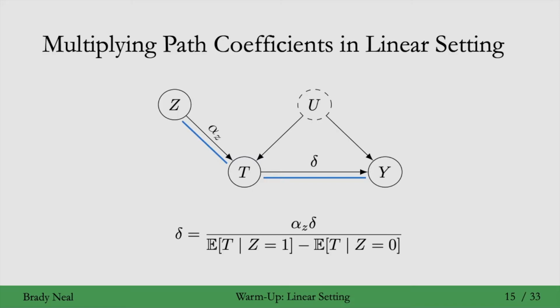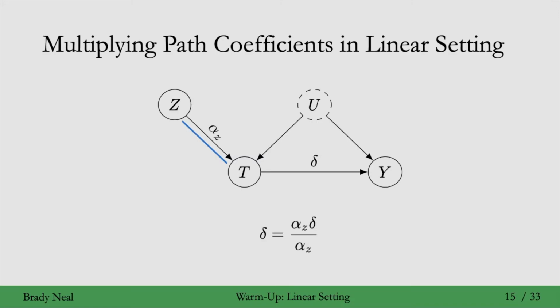And then similarly, the denominator is the causal effect of z on t. So we do that by just looking at the edge from z to t. Because this path consists of just one edge, this causal effect of z on t in the denominator just turns into that coefficient on just that edge. And then we can see that the alpha sub z's cancel out to give us delta.